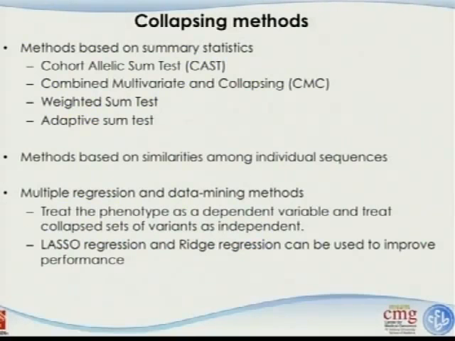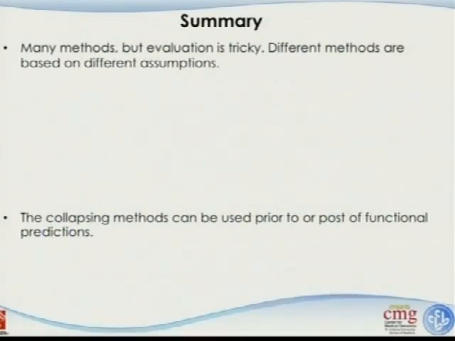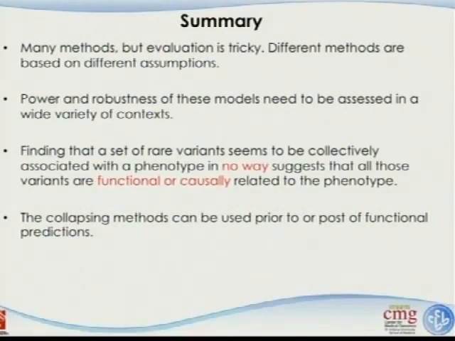I'm just listing them, and I don't require you to know too much about this area, but my hope is that once you get to that stage and have the data, you know where to look for help. There's a big research area about rare variant association studies, which can be pretty difficult. There's a very good review published in Annual Review of Genetics last year, and feel free to go through that.